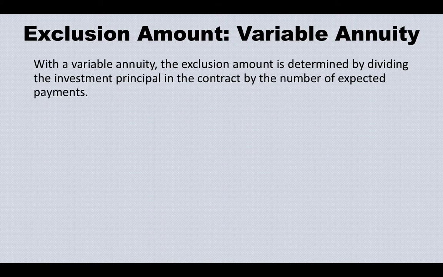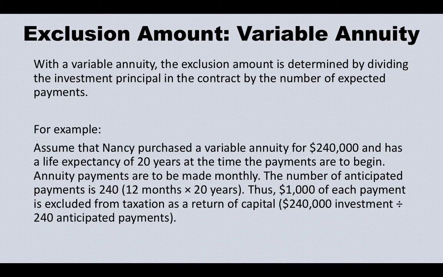Exclusion amount. Okay, so with a variable annuity, the exclusion amount is determined by dividing the investment principal in the contract by the number of expected payments. Okay, let's see an example. So assume Nancy purchased a variable annuity for $240,000.